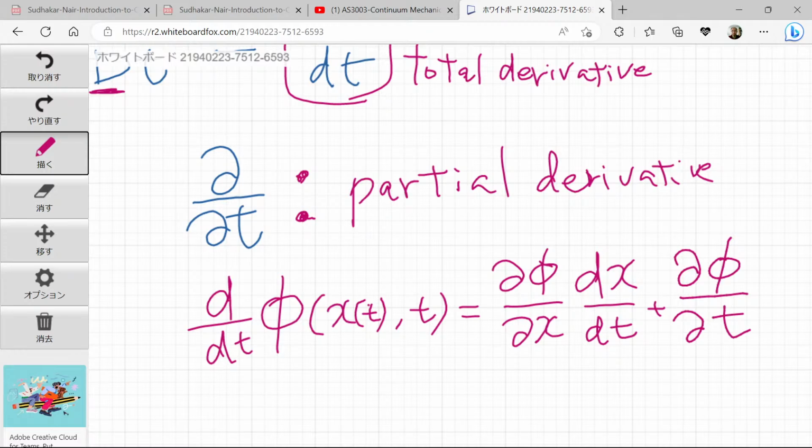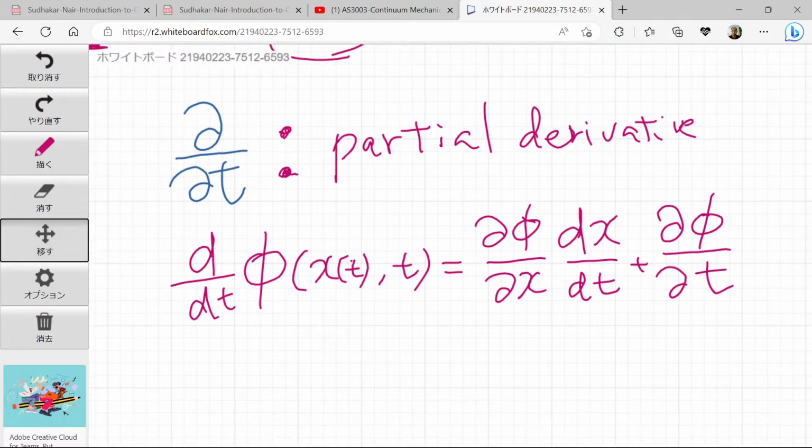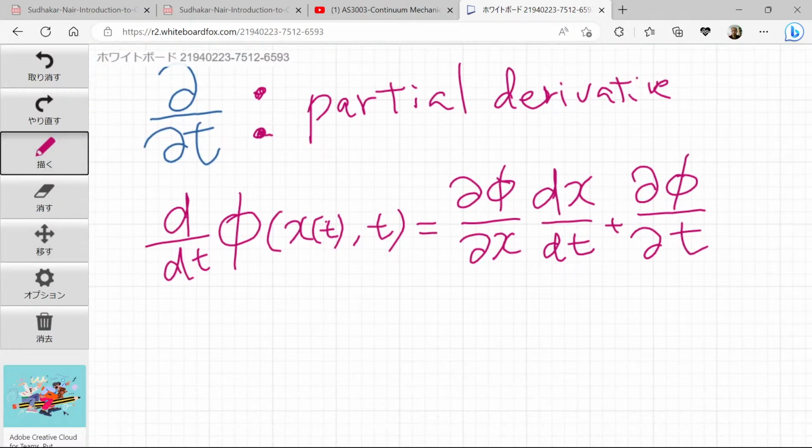In a partial derivative, you set x constant.